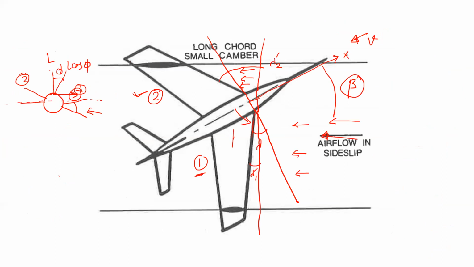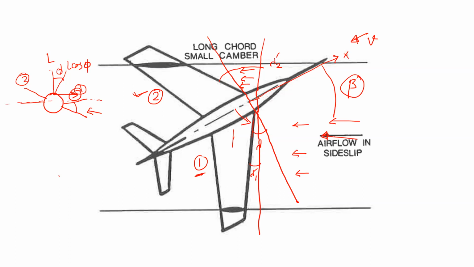It is irrespective. The two effects, the dihedral effect and the effect of sweep back, are independent of the placement of the wing. Now the placement of the wing has its own contribution, right? So the effect of wing placement isn't considered here, we're not talking about that.